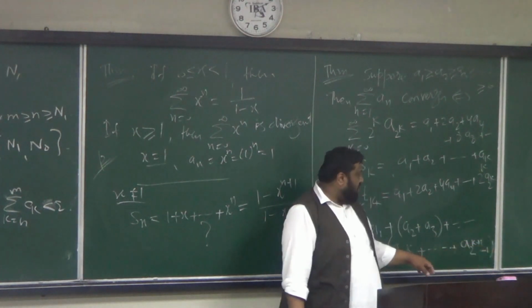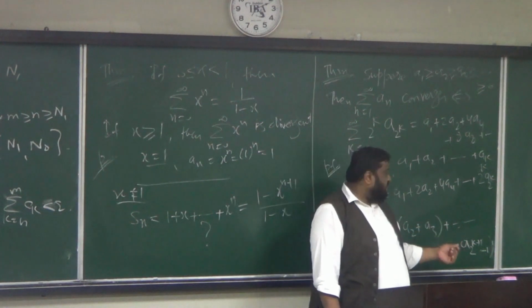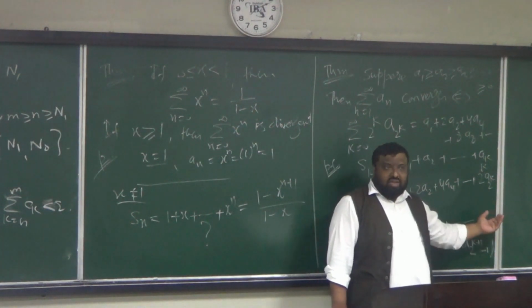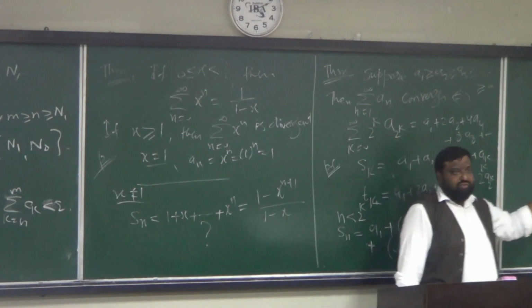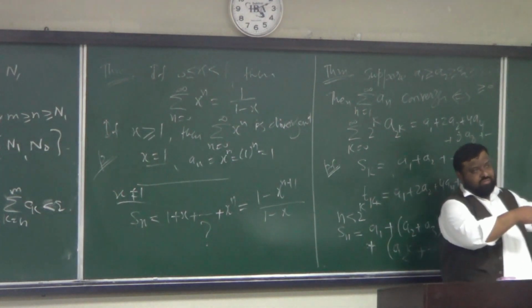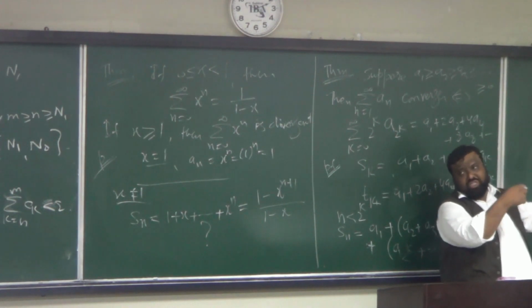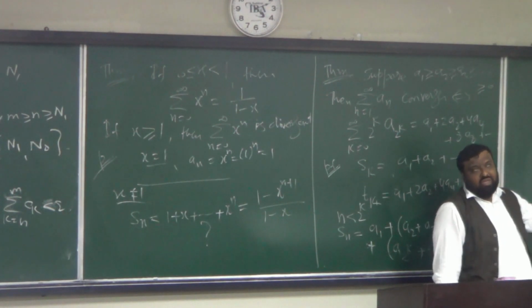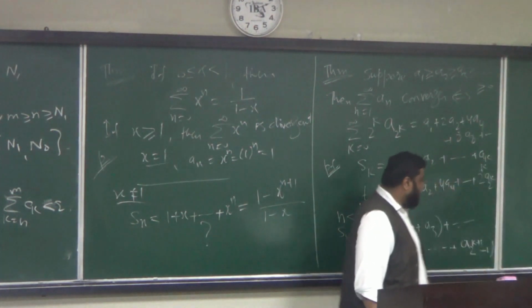It's like 4 to 7. Then you take 8 and it will go to 15, so from 2^3 to 2^4 minus 1, which is 15.